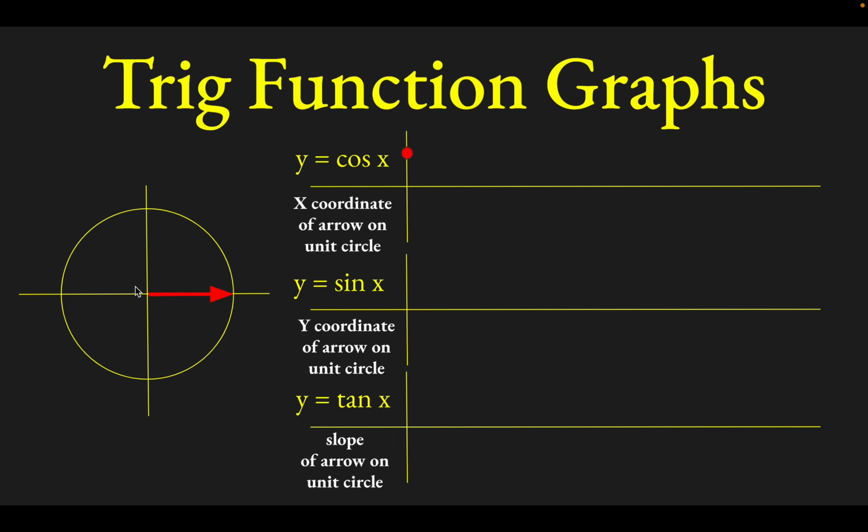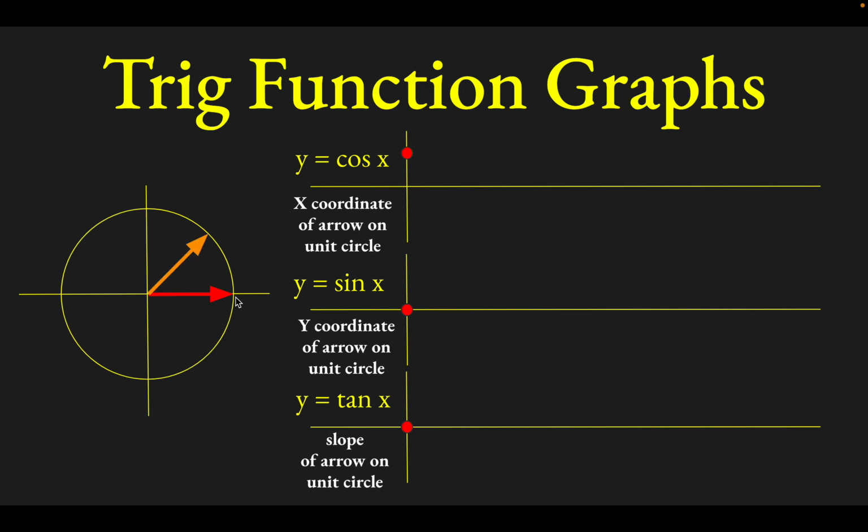So when you're at 0 radians, the value of the cosine is 1. For sine of x, you peel off the y-coordinate, which here would be 0, and so sine starts at 0. For tangent, you peel off the slope. The slope of this flat arrow is 0, so tangent also starts at 0.